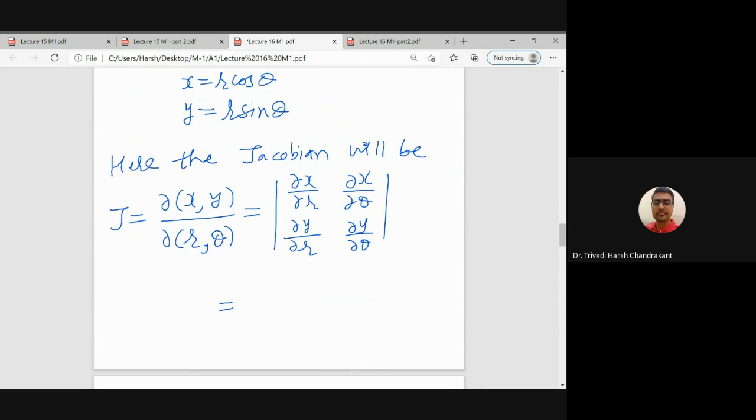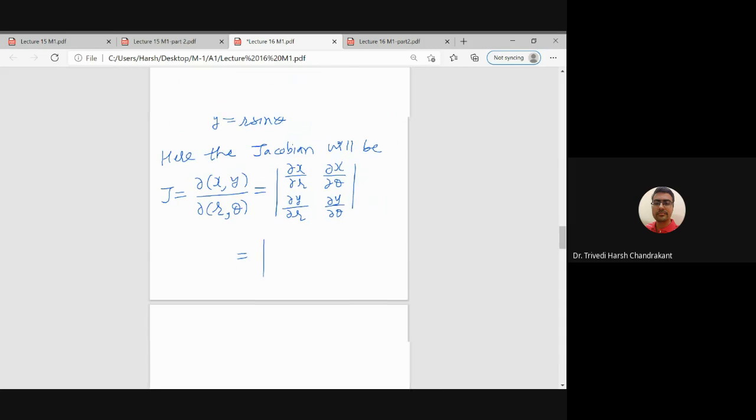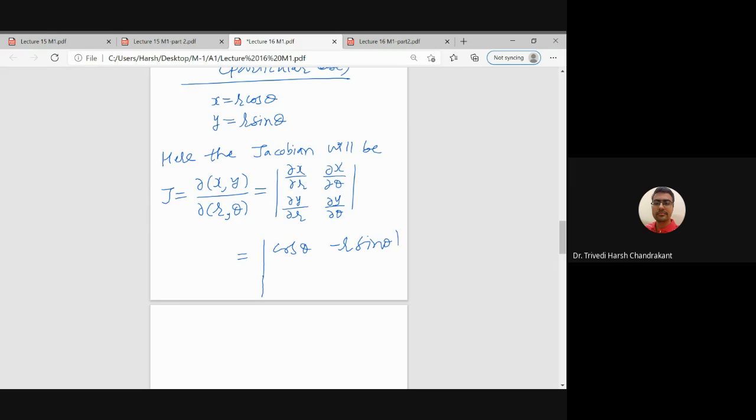Whenever we substitute the values here, the partial derivative of x with respect to r is cos theta, x with respect to theta is minus r sin theta, then sin theta, and this one is r cos theta.